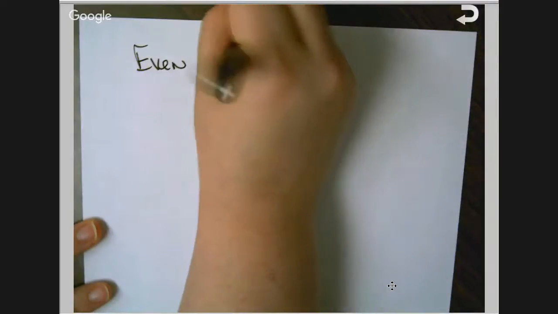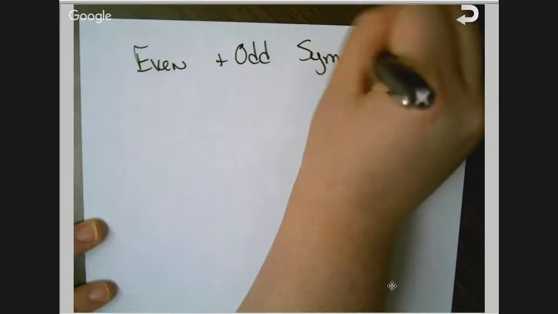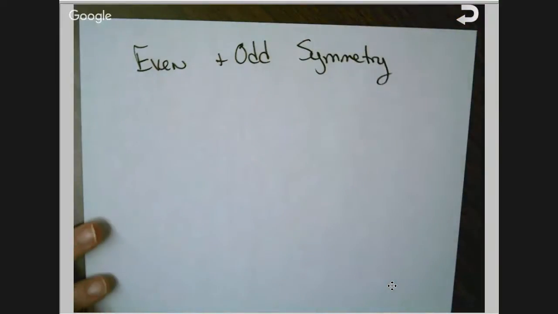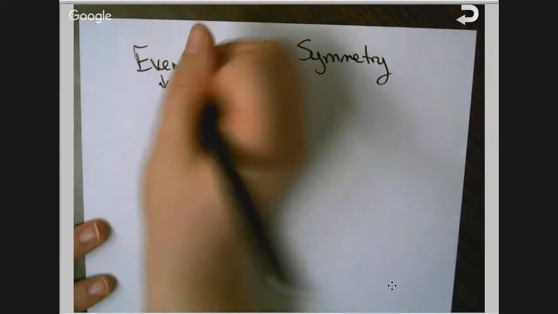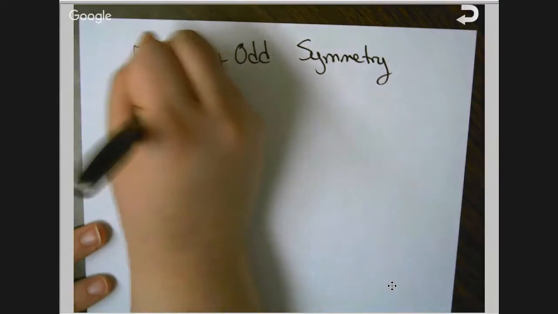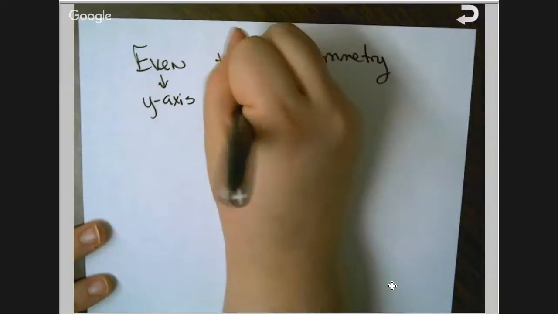It's either even or odd symmetry. If it doesn't fit either one of them, then it's just neither. Even symmetry is symmetry about the y-axis. Odd symmetry is about the origin.